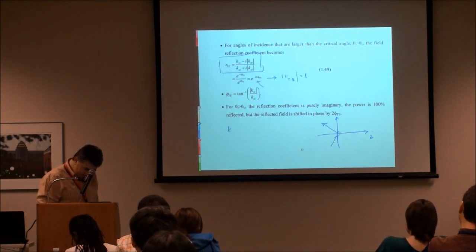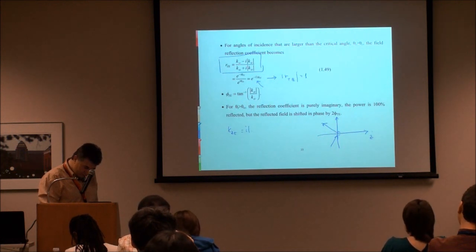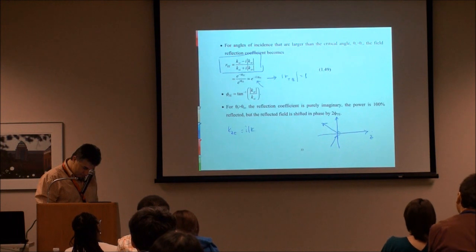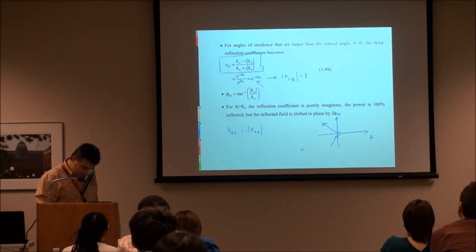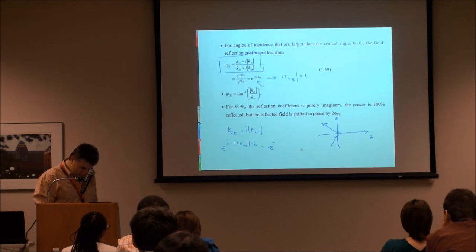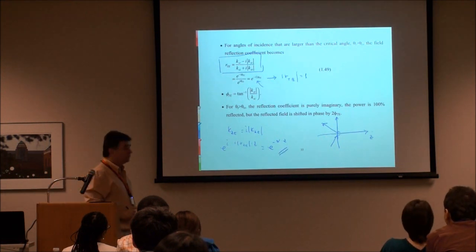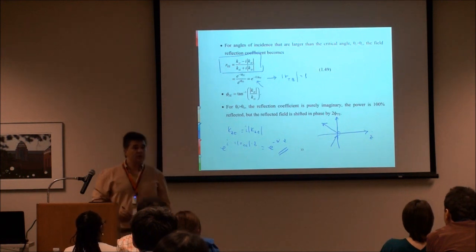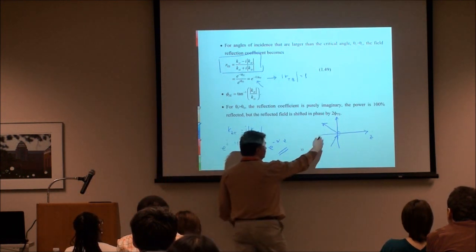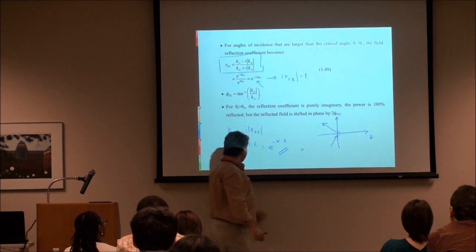Well, if my kzt is actually purely imaginary, which we have here, that means when I plug this in my plane wave, I have e to the i kzt, meaning i modulus of kzt times z is actually e to the minus alpha z. You with me? So what it means is that on this side, the field decays exponentially.